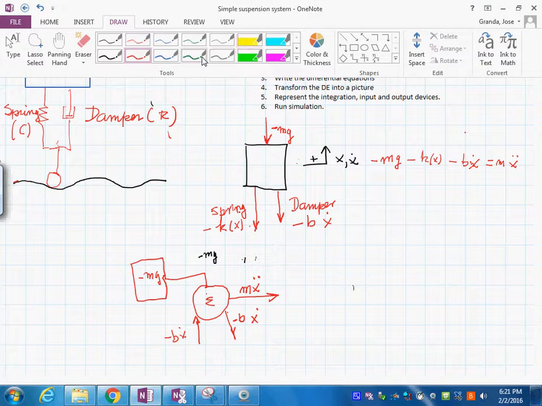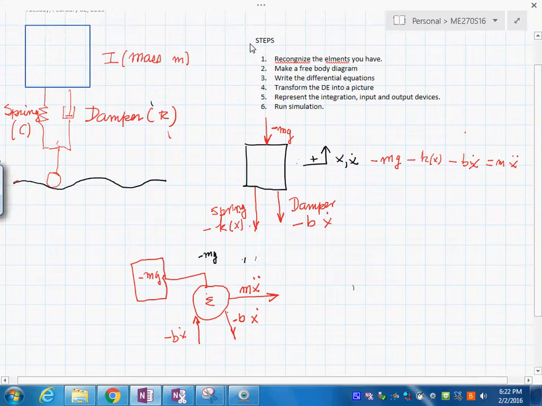So now that we have this, let me see if I put in blue. Okay, so we do the integration here.